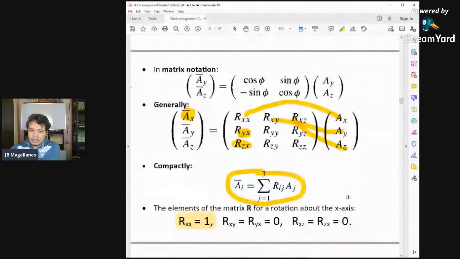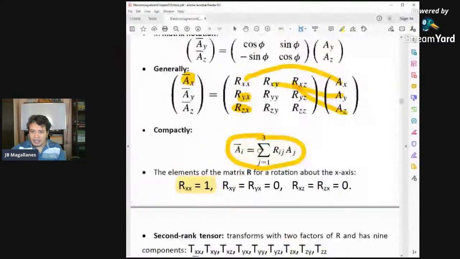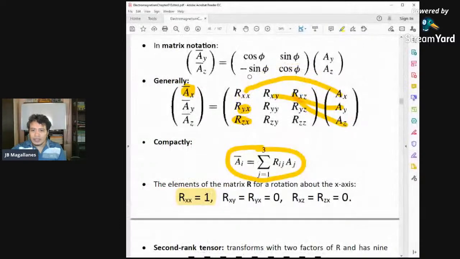So this is the matrix. You can write this as 1 0 0, 0 cosine phi, sine phi, 0 negative sine phi, cosine phi.